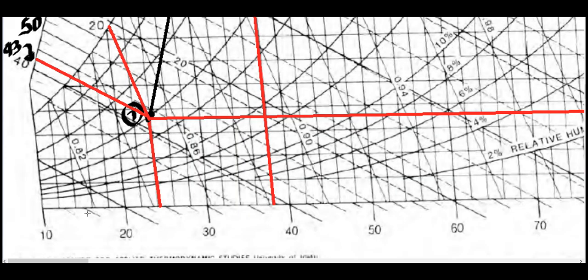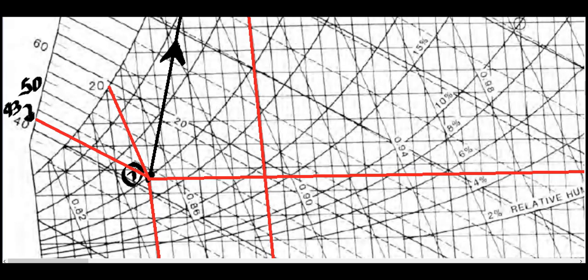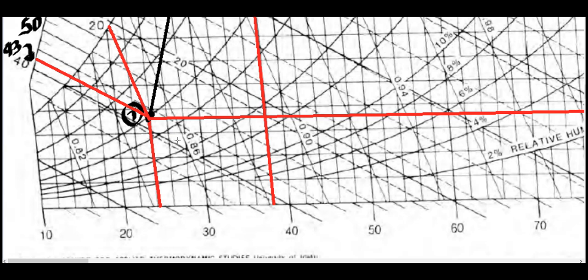So in between 0.82 and 0.86, this is 0.85. So somewhere here, this is 0.85. 83, 84, 85.